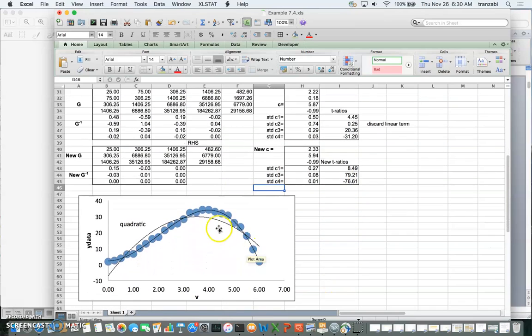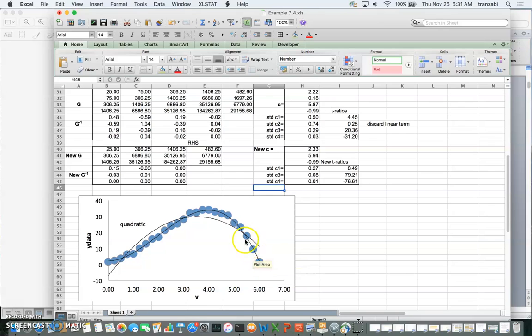So basically, I think the first fit you see here, this one, I believe is, so the line that you see here, this is before dropping the linear term, and the one that actually goes through the data points, this is after we drop the linear term.